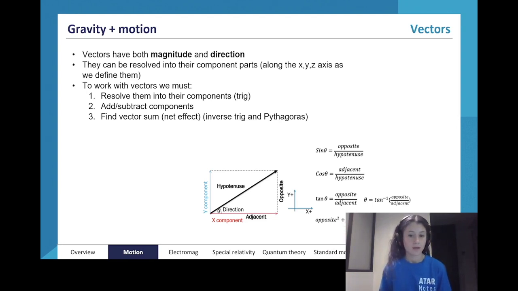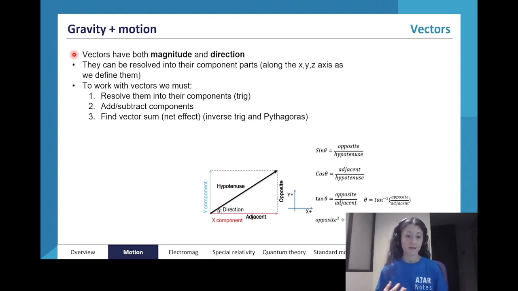Okay, now getting into a little bit more of what a vector is. So vectors have both a magnitude and a direction. So a lot of the quantities that maybe you've worked with up until this point will just have a magnitude, such as 5 kilometers, 3 kilograms, 3 meters per second, stuff like that.